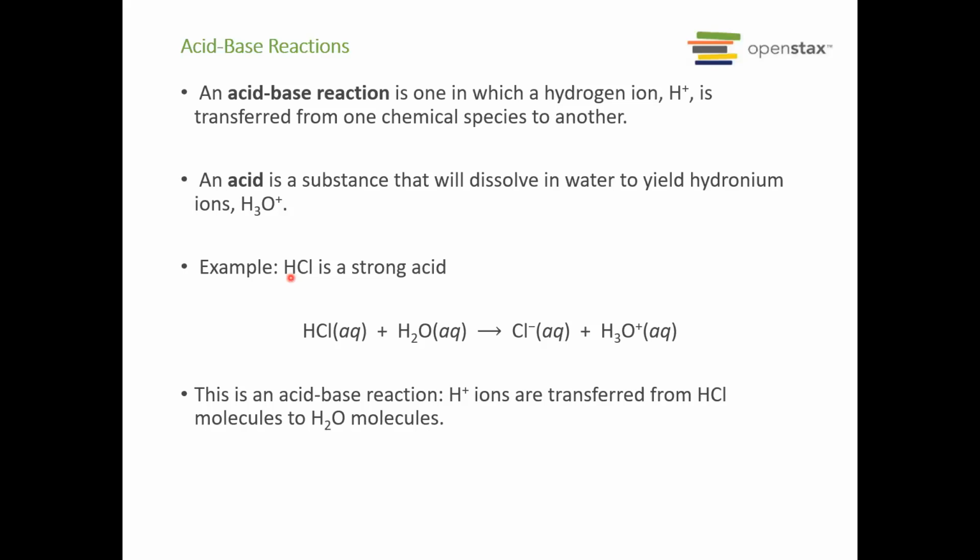And with these acids, they're going to donate that hydrogen ion. So when we get to the acids and bases chapter, we'll see there's actually a few definitions for acids and bases that are slightly different depending on what sort of lens we want to look at it through. But they're all going to be similar in the sense that acids are going to increase the amount of H+ we have.